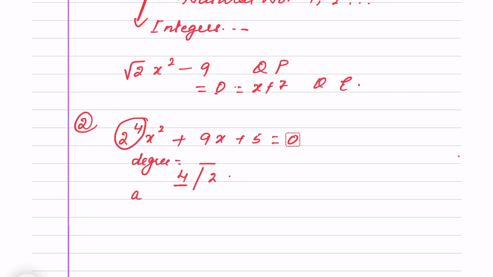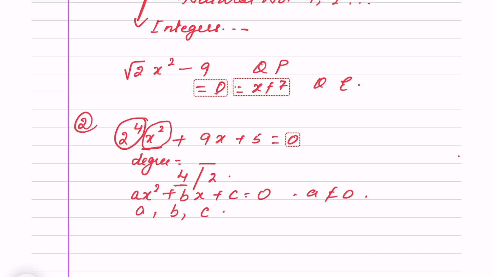Again, remember ax square plus bx plus c equals 0 when a is not equal to 0 and a, b, c are real numbers. We check the highest power of the variable, not the highest power of any number. So here the degree is not 4, the degree is 2.